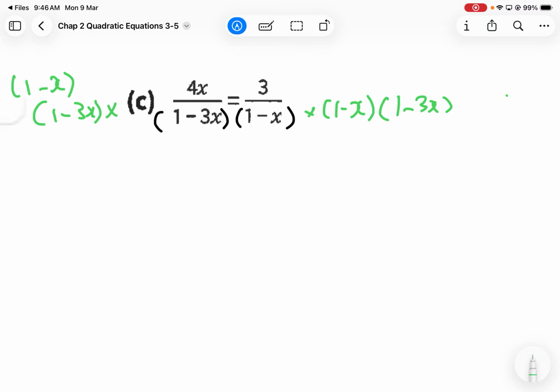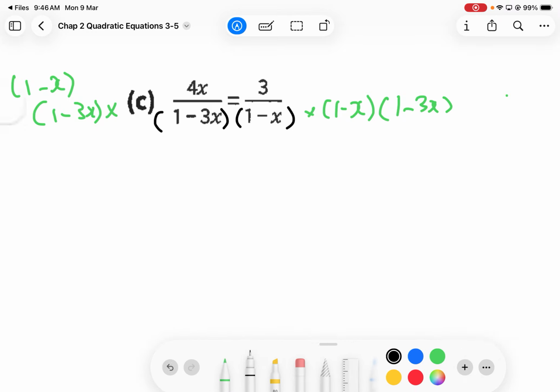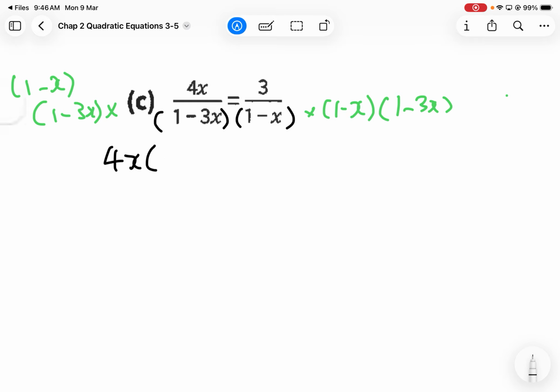Then I will have 4x multiply 1 minus x equals 3 times 1 minus 3x. Because this one cancels this one, left with this one multiply this one. This one cancels this one, I'm left with this one multiply this one. Okay?